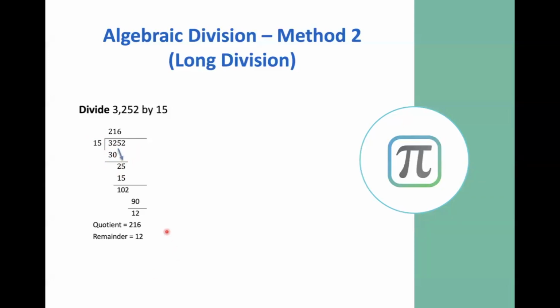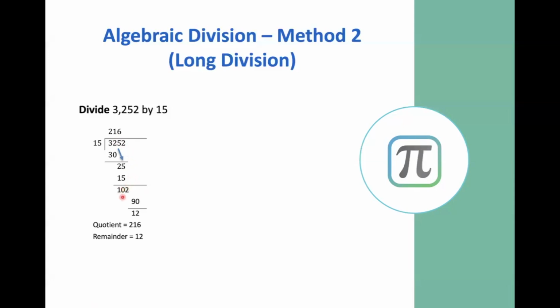Which is the next digit in the number, and that gives us 25. This time we can only have 15 in once. So you would have 1 times 15 plus 10 left over.